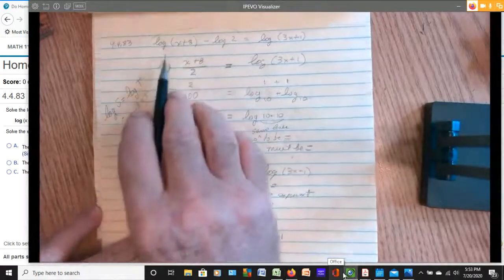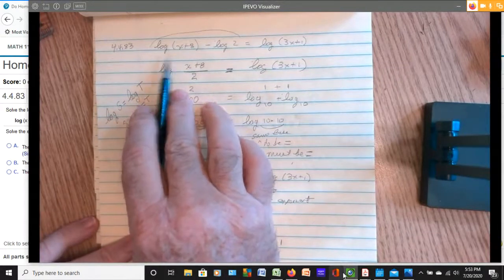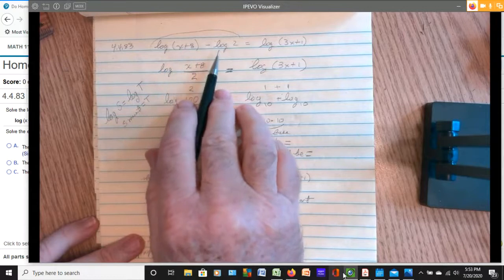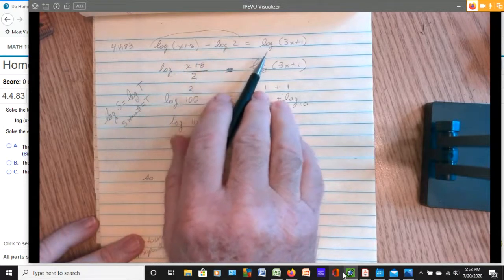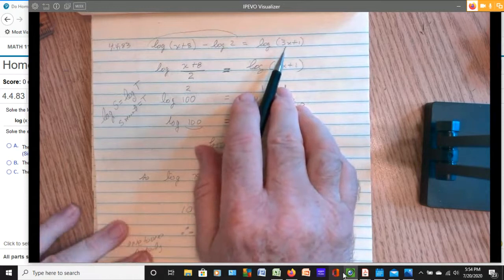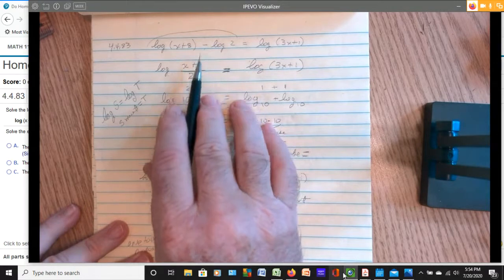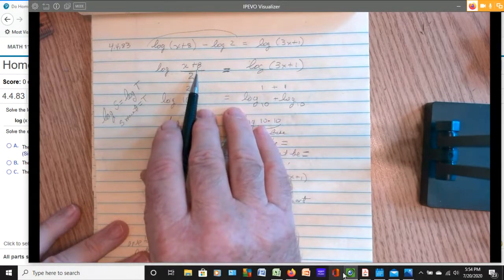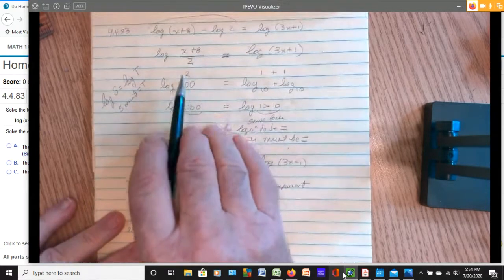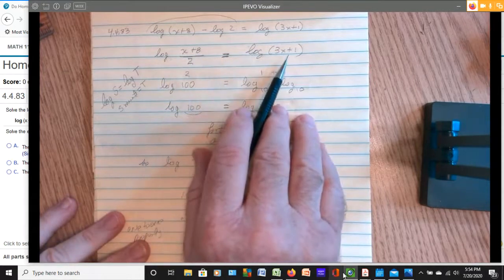Now, this is the problem that they gave us. Log base 10 of x plus 8 minus log base 10 of 10 equals log of this expression over here. I used the quotient rule to collapse this down, so now I have a single logarithm equal to a single logarithm.